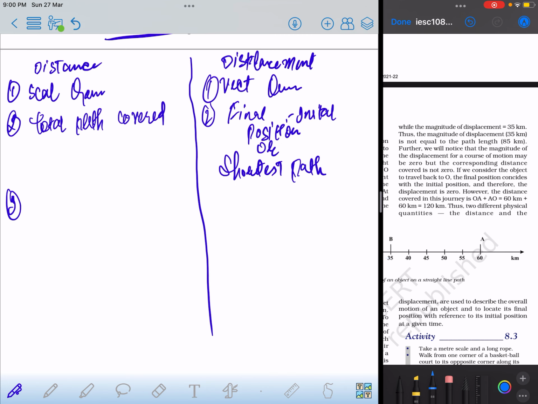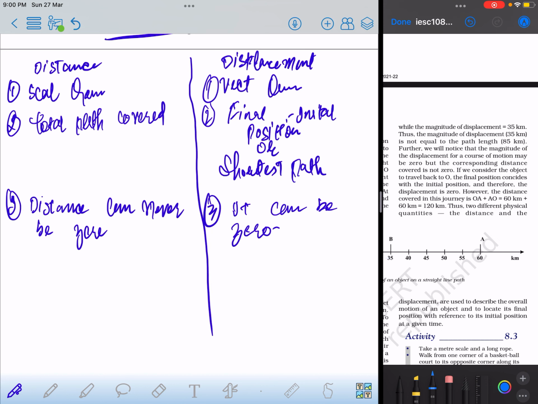Second thing, distance can never be zero. Can displacement be zero? Yes, we will define that. It can be zero.